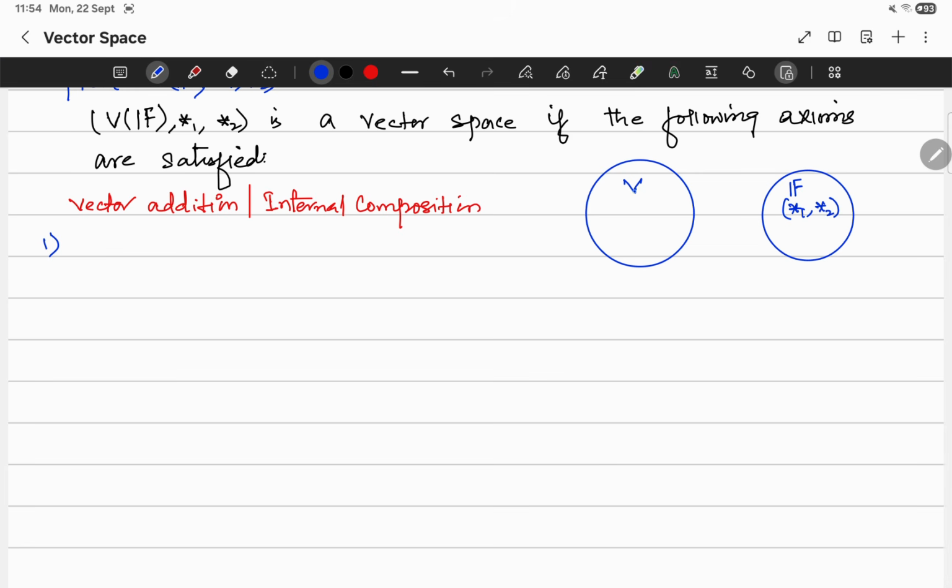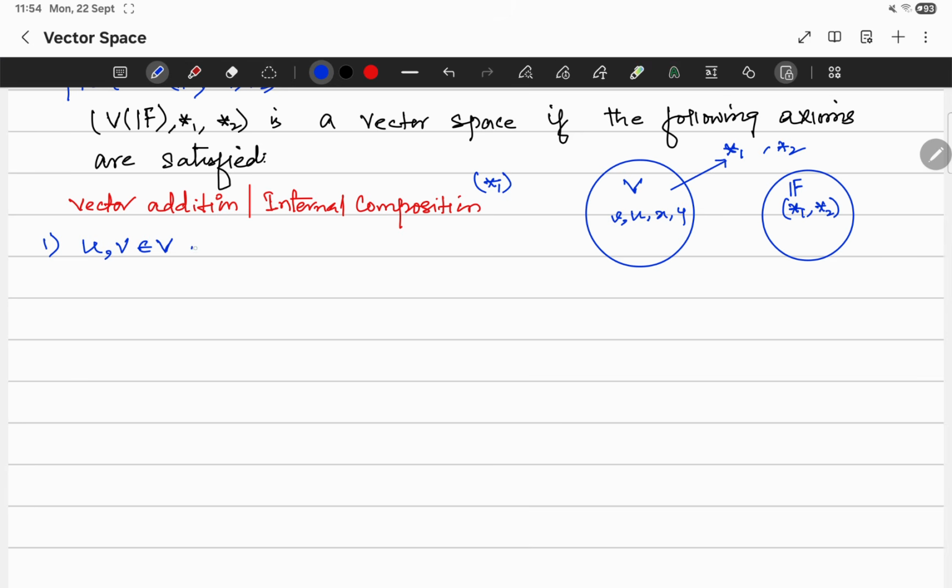Now we will check V, okay, so here it has the elements V, U, X, Y, okay, so let U and V be 2 elements of V, then we have the 2 operations star1, star2. So first we operate here with the star1, okay, so in the internal composition we are taking which operation, the first operation star1.